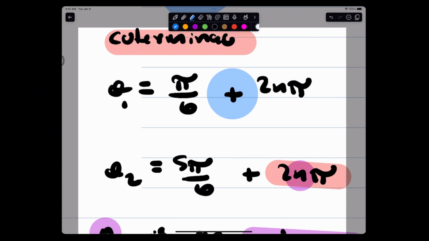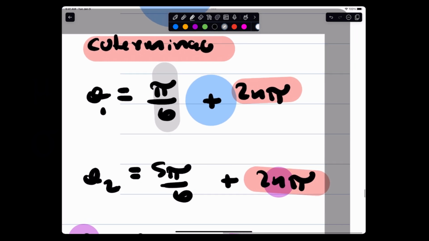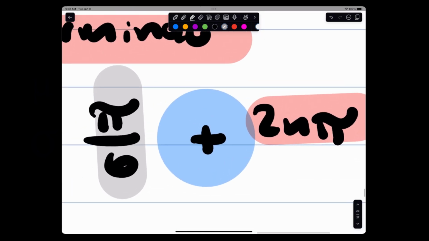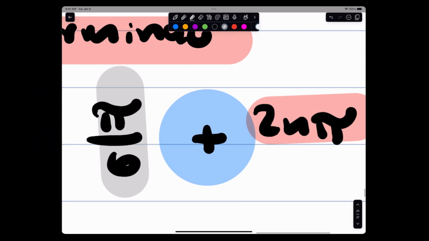So how would I add a whole number, like maybe the 2n pi revs, with a fraction of pi over 6? That's what you're doing. You're doing arithmetic with a whole number and a what? Fraction. You guys okay with that? So take a look at this arithmetic. Pi over 6 plus 2n pi.